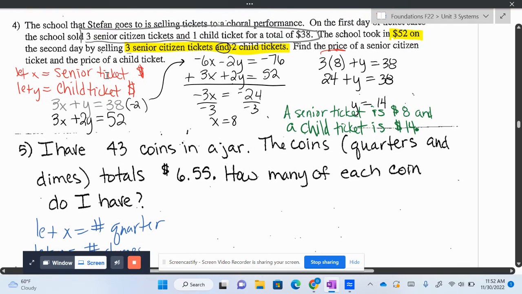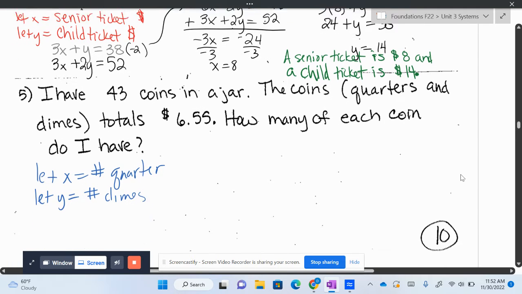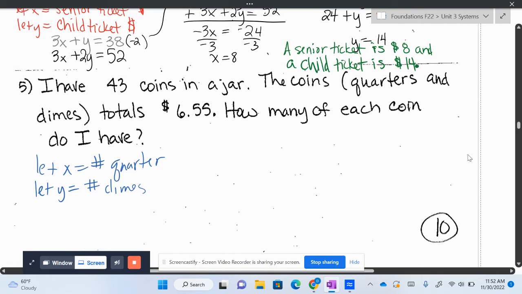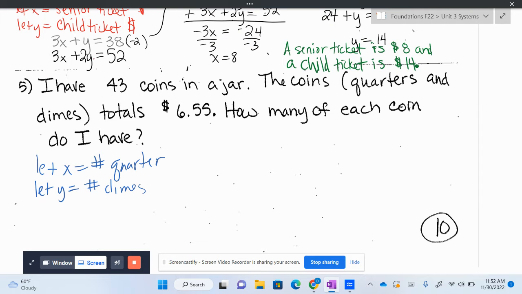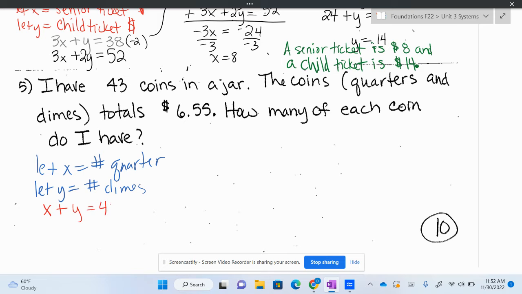So how many coins do we have all together? How do I show that? X plus Y equals 43. Now I have to talk about the value of the coins. How much is X, a quarter?